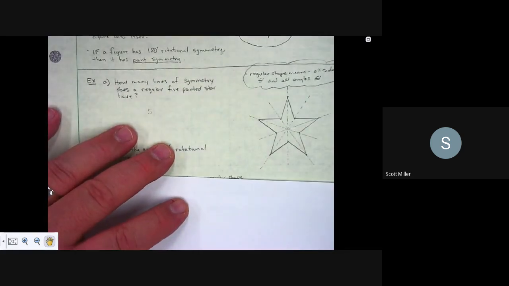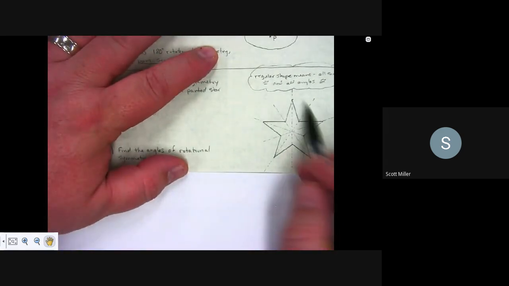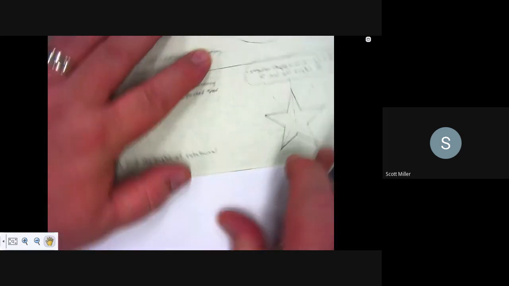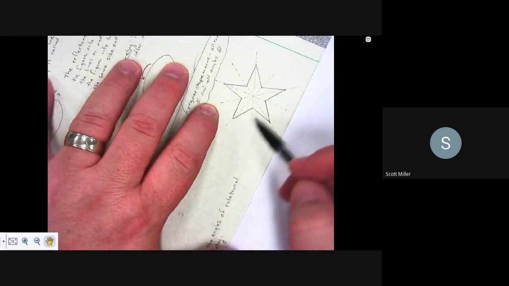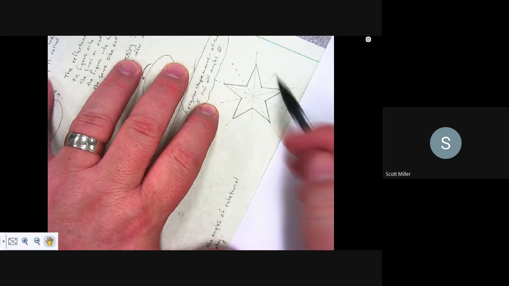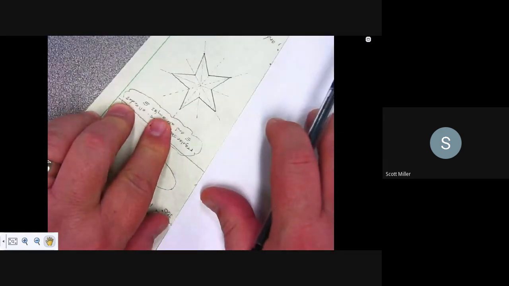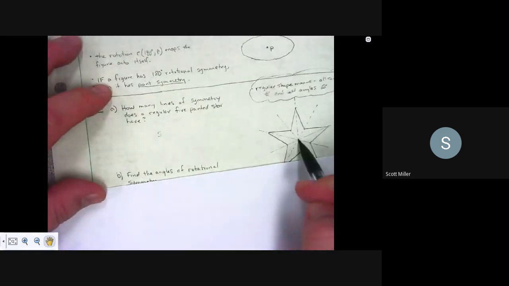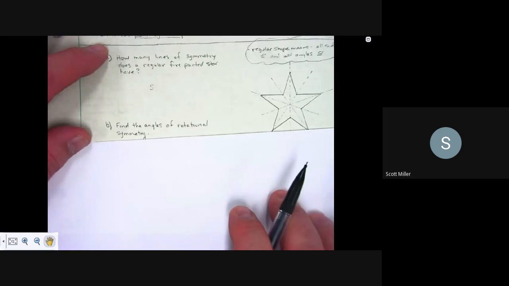If I rotate this so that this point is now here, it will look identical to what I see right here. If I rotate it and put that up top, it looks exactly the same. If I rotate this one so it's pointing straight up, it looks exactly the same. So I have all these rotational symmetries. I'm rotating around the center point right here. It has rotational symmetry.